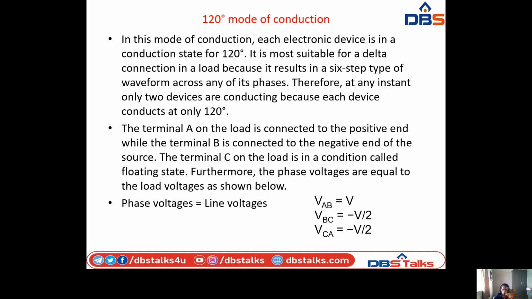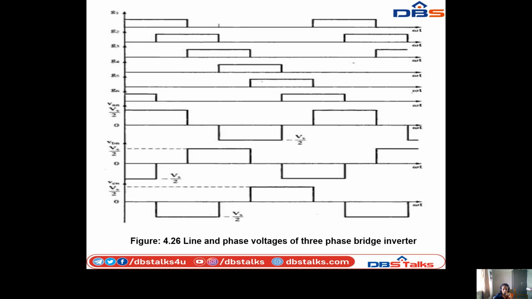So VAB equals V, VBC equals minus V by 2 and VCA equals minus V by 2. These are the line and phase voltages of the three-phase bridge inverter with 120 degrees conduction mode.